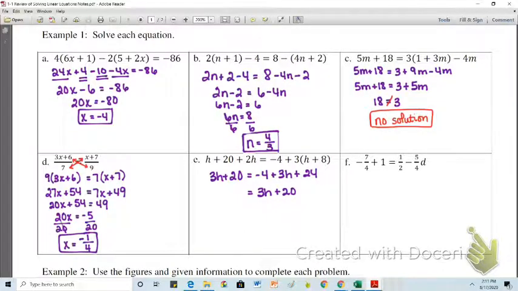Notice they're both the same. So I could stop here, or if you didn't realize it, you could keep going. I'm going to subtract 3h from both sides. I get 20 equals 20. That is a true statement. So it is infinitely many solutions.